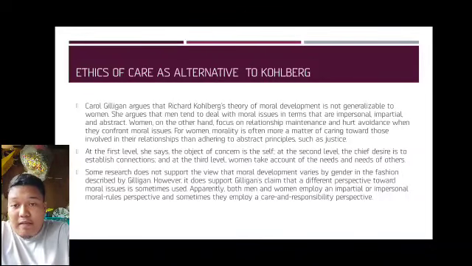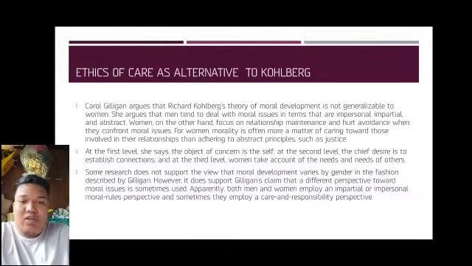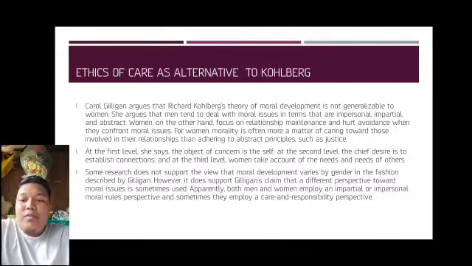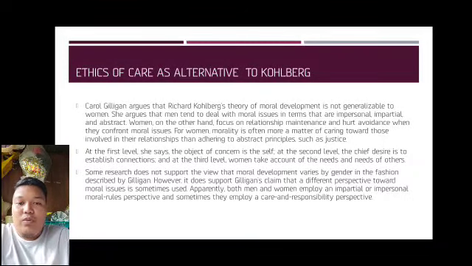At the first level, the object of concern is the self. At the second level, the chief desire is to establish connections, and at the third level, women take account of the needs of others as well as their own. Some research does not support the view that moral development varies by gender in the fashion described by Gilligan.